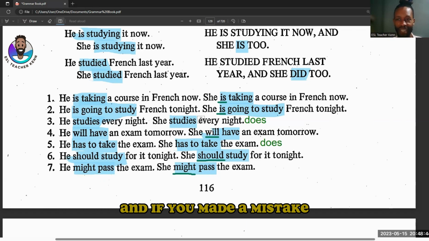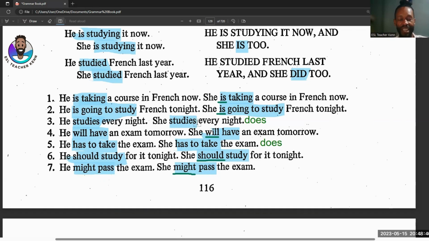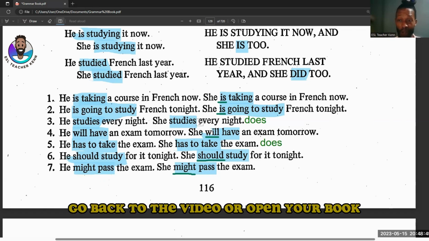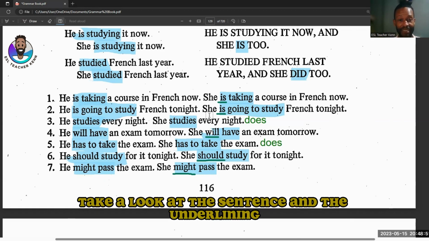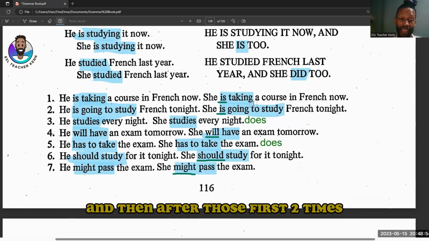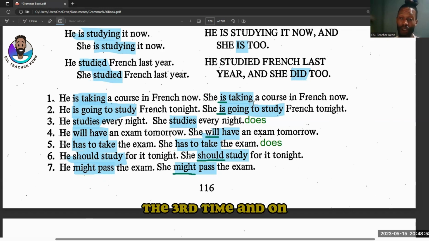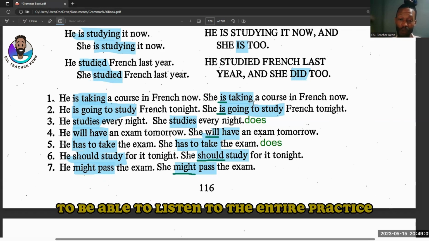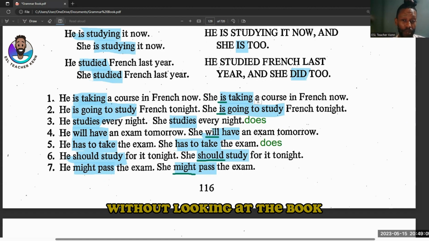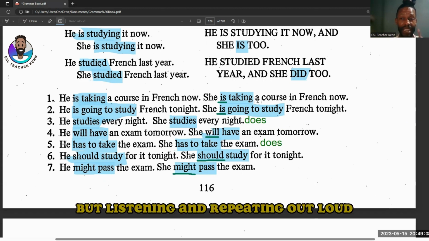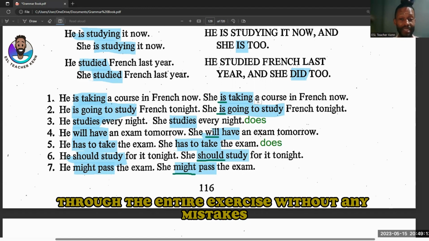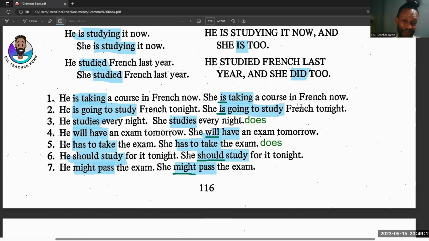And if you made a mistake, you can go ahead and pause, go back to the video, or open your book, take a look at the sentence and the underlining, and then after those first 2 times, the third time and on, you should aim to be able to listen to the entire practice without looking at the book, but listening and repeating out loud through the entire exercise without any mistakes.